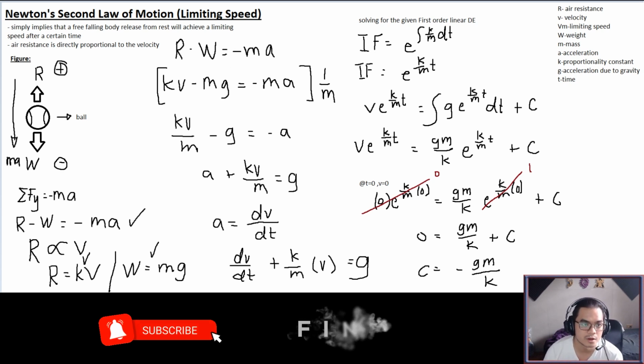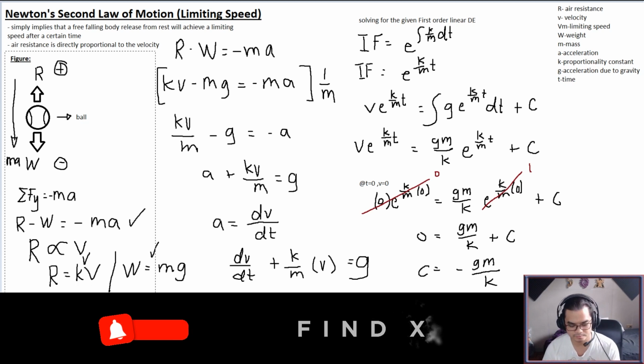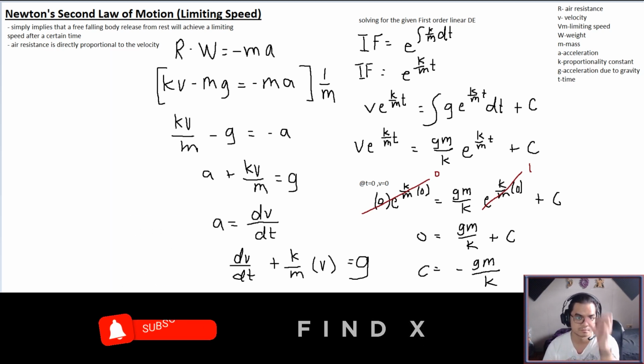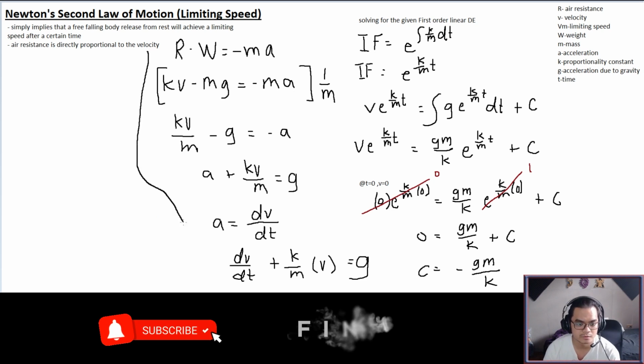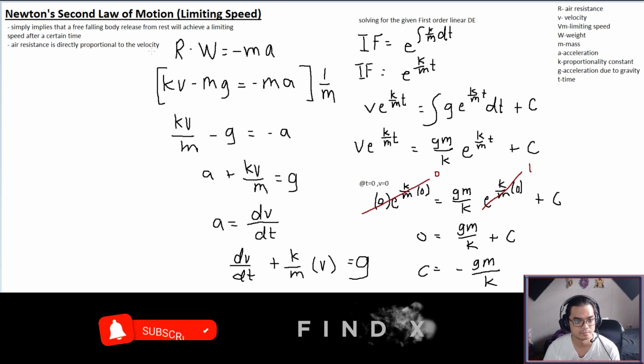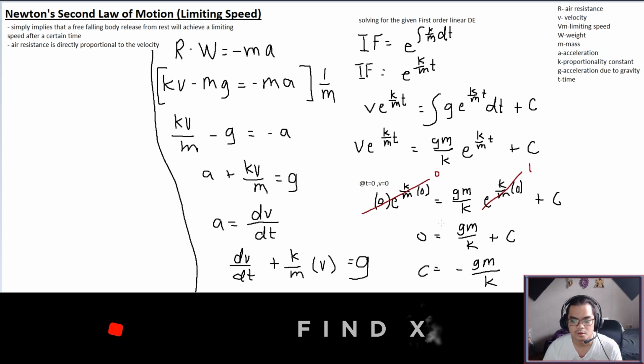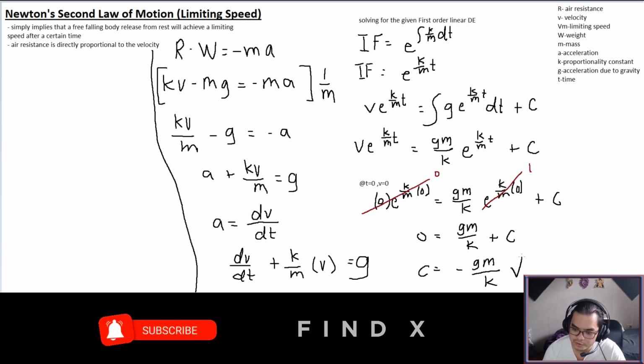Okay, so I will be erasing this part. Okay, so erasing that part, now we have to substitute this one to this equation.